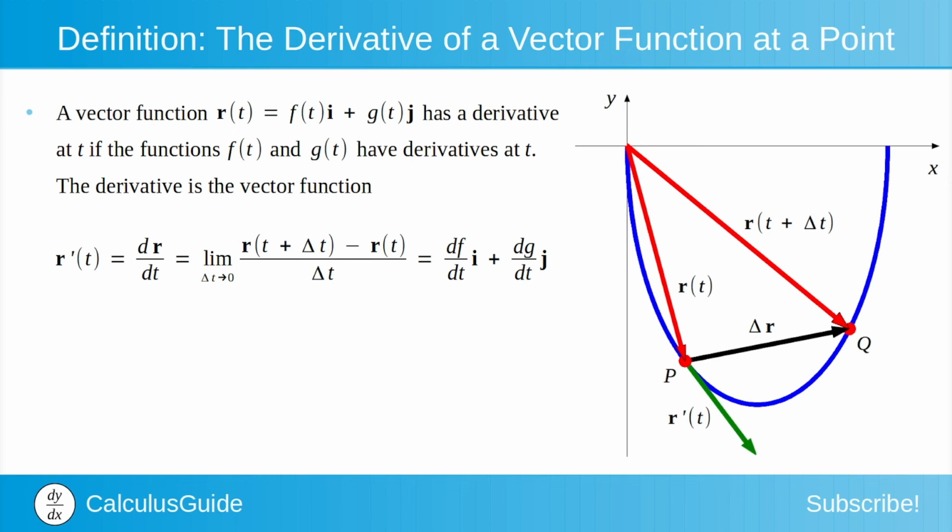This derivative can also be referred to as dr dt. This derivative is equal to the limit of r of t plus delta t minus r of t over delta t as delta t approaches 0. And this is equal to df dt i plus dg dt j.